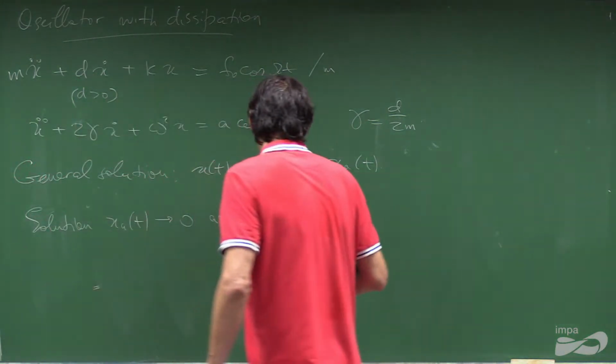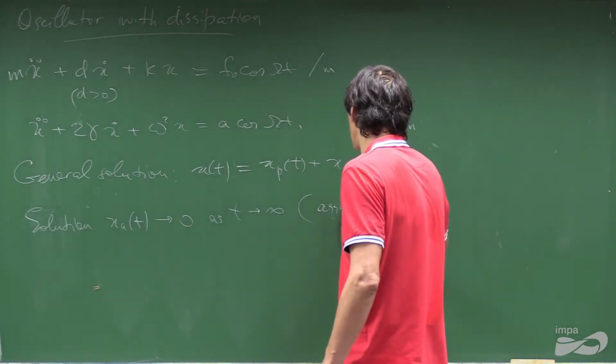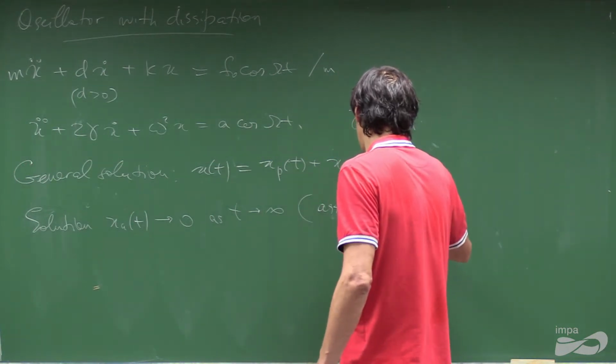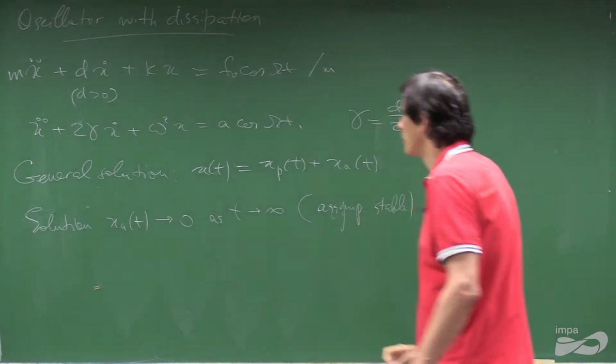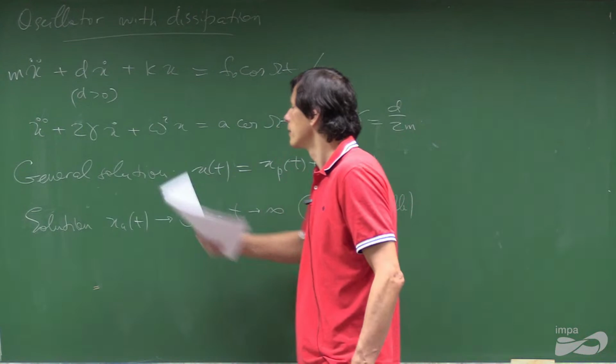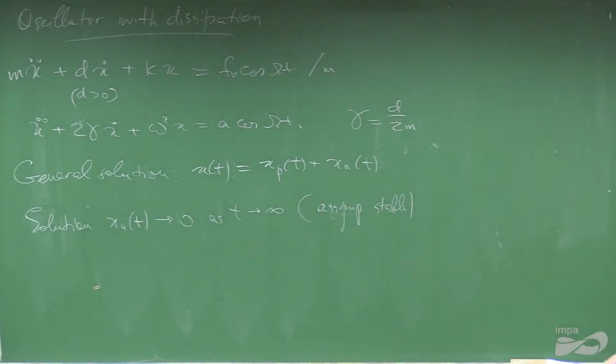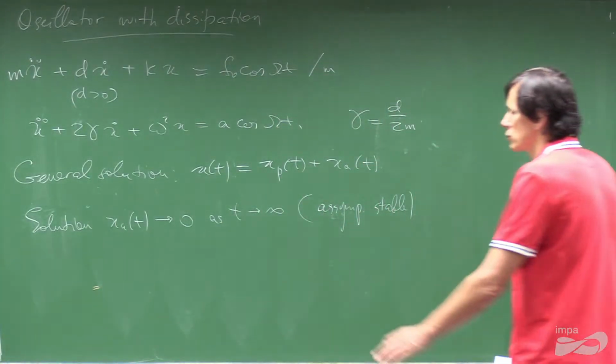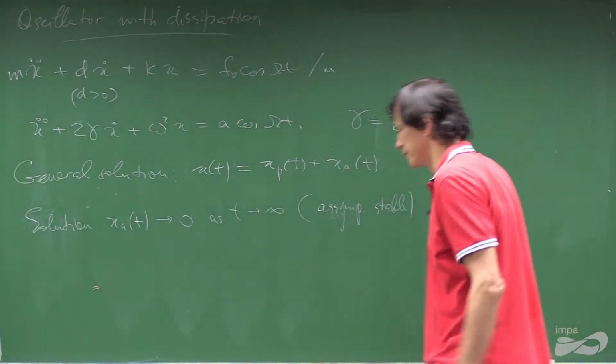This is because the autonomous system is asymptotically stable. Remember that we proved that whenever you add dissipation to a stable conservative system, it becomes asymptotically stable. So its solution always goes to 0 at large time.